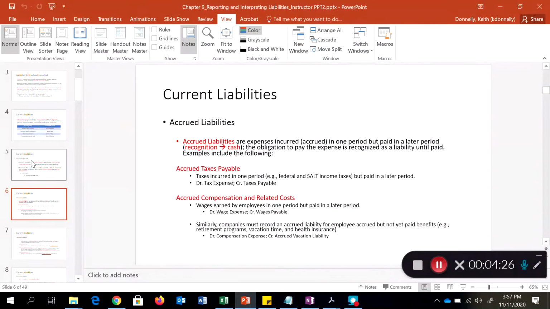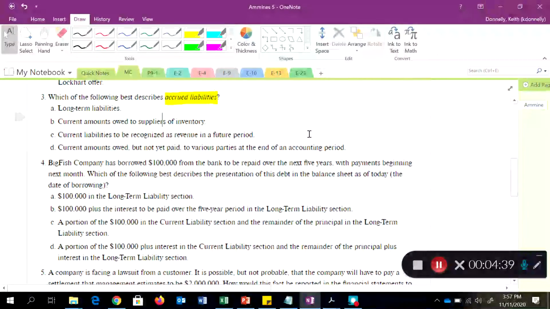These are expenses incurred, so they're accrued in one period, but paid in a later period. So you have recognition before you have cash. We know it's recognition first, and then cash second.